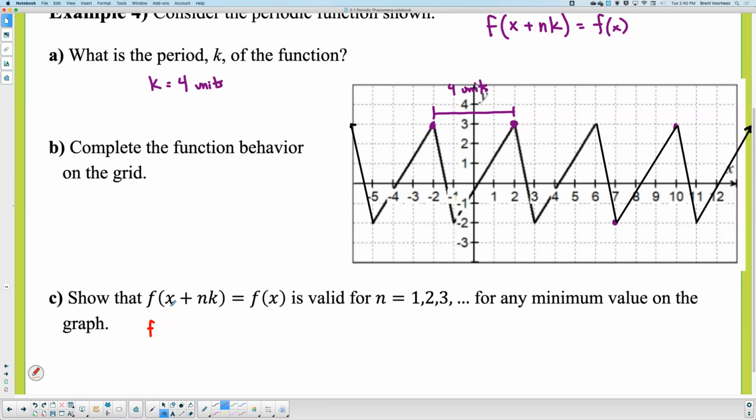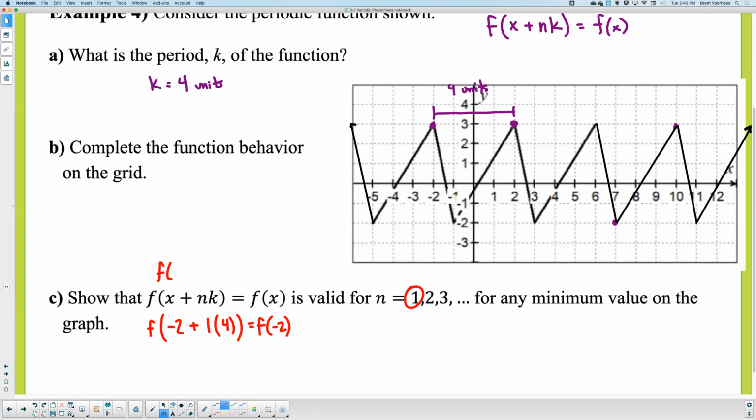To use the easiest x value, I want to use an x value of -2. What I'm going to show you is that f of -2 plus 1 times, what was our k? 4. is the same thing as f of -2.